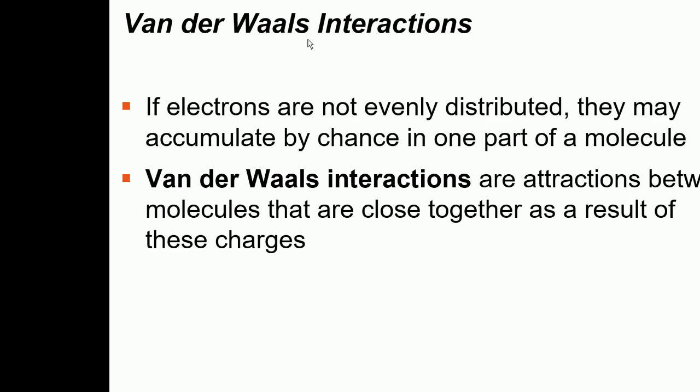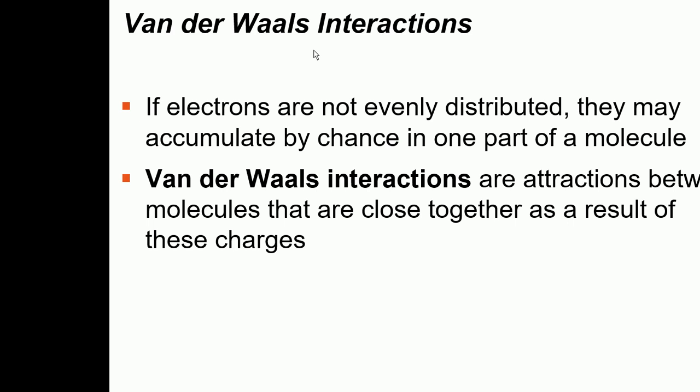Now van der Waals interactions. These are the interactions formed between atoms because of the unequal distribution of electrons. The side of the atom which has an accumulation of more electrons becomes negatively charged, and the side which has fewer electrons becomes positively charged.